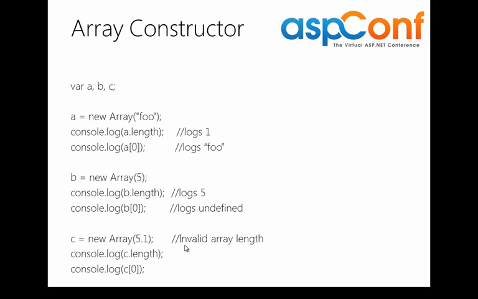Well, the thing is that the array constructor, if you pass a non-numeric to it, will create an array with a single element. If you pass a numeric to it, as long as it's integral, it will create an array with that many elements, but all of the elements' values will be undefined because you haven't specified them. If you pass in a numeric that is non-integral, like 5.1, it just says invalid array length because, well, you can't create an array of length 5.1.